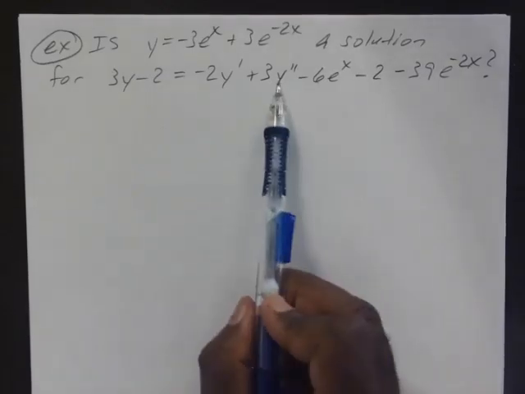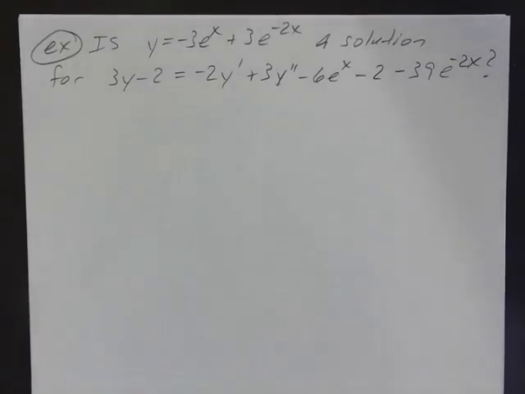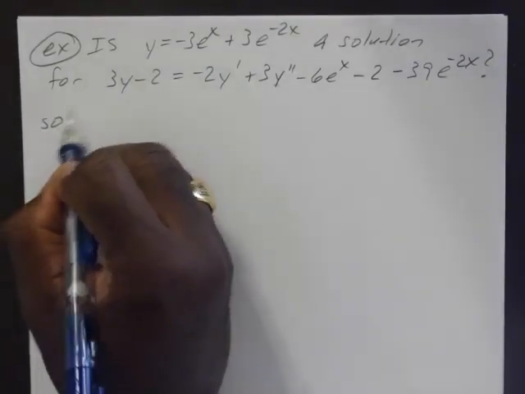So we can tell the highest derivative is the second derivative. So we know it's a second order, so we have to go up to the second derivative.